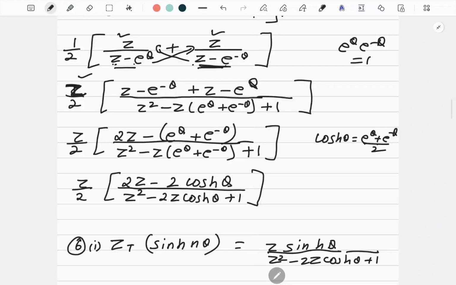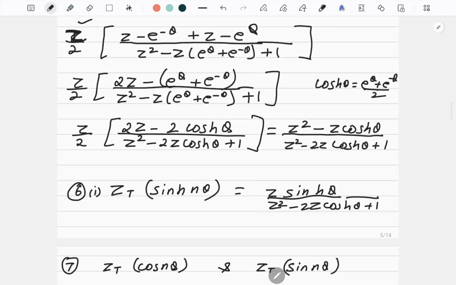If you observe, I can cancel this 2 here and my final answer will be z square minus z cos hyperbolic theta upon z square minus 2z cos hyperbolic theta plus 1.